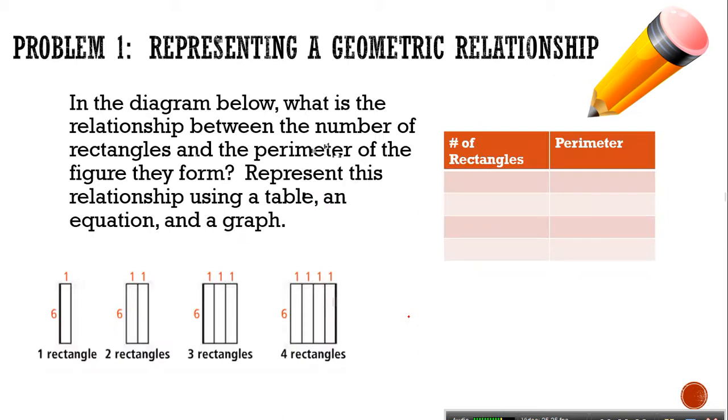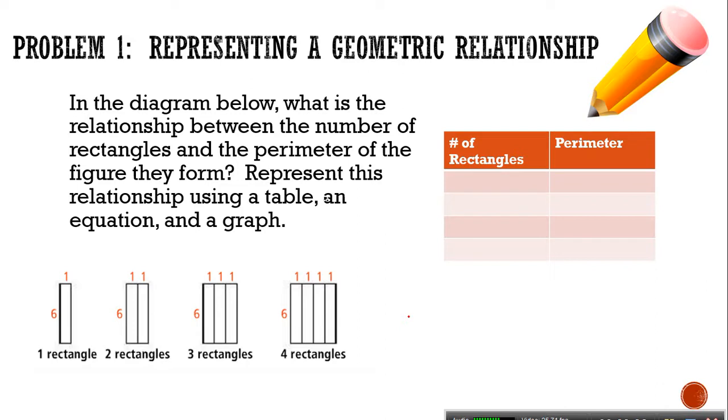So our problems today are going to be a lot of patterns, making a table, and then also graphing it. Remember those little graphs I gave you this morning, or during class today, you're going to want to make sure you have those near you, so you can graph when we get to that point. In this diagram below, we need to find the relationship between the number of rectangles and the perimeter of the figure they form.